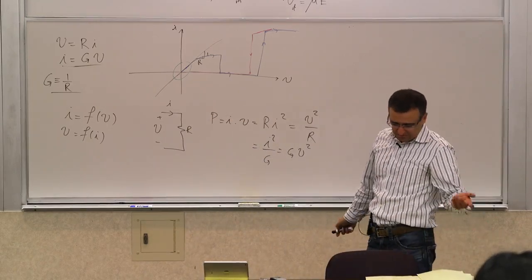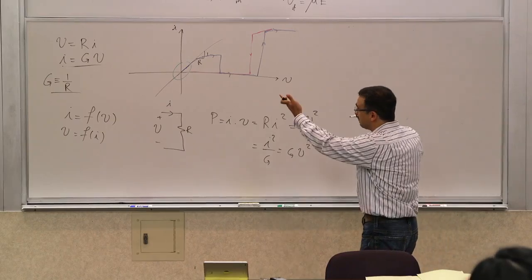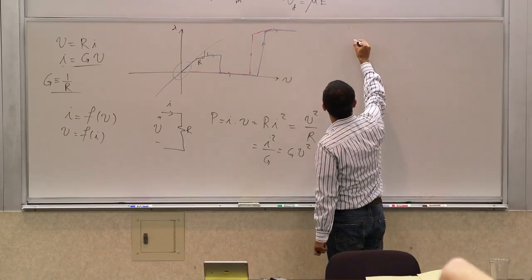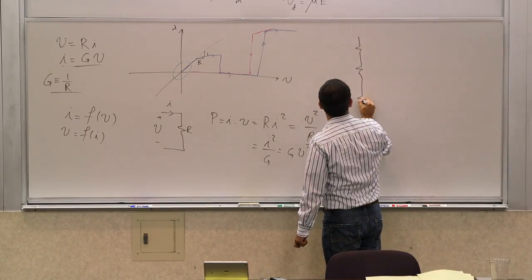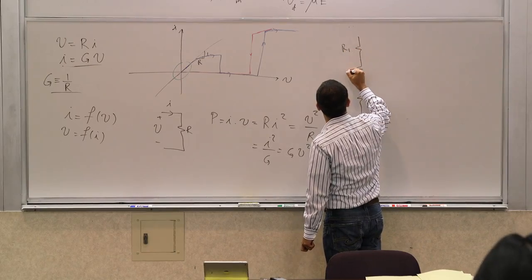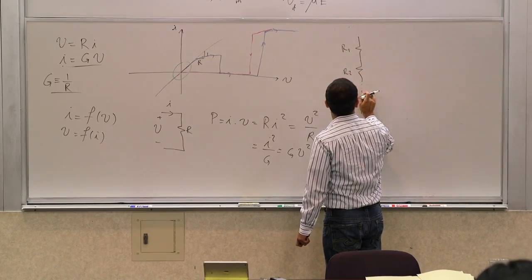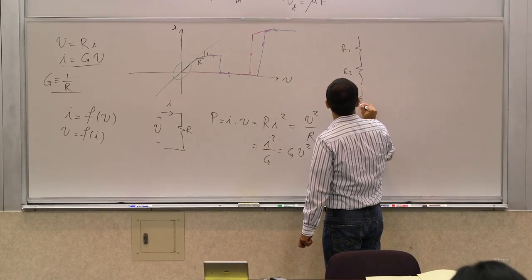And again, from this simple relationship and KVL, for example, you can see what the equivalent resistance of a chain of resistors R1, R2, all the way to Rn is going to be.